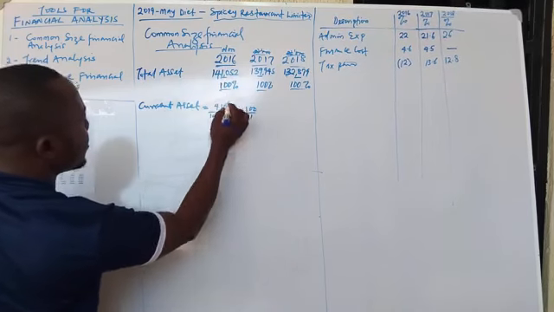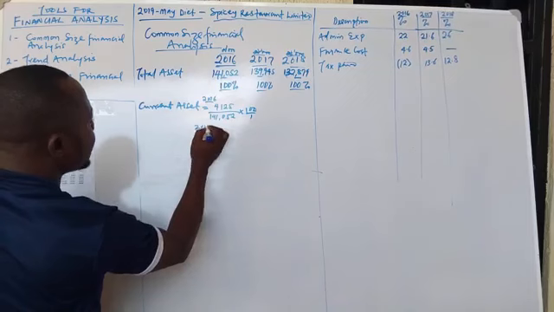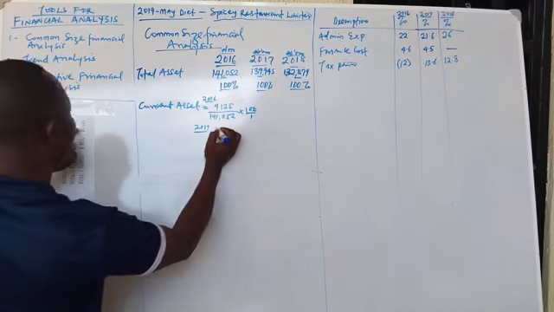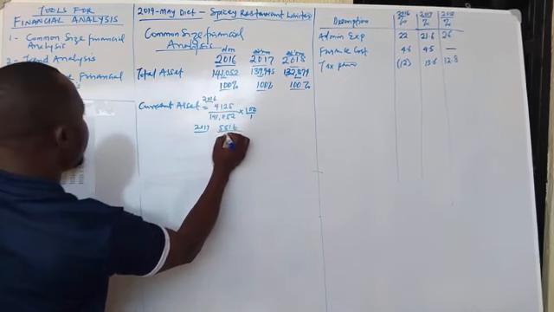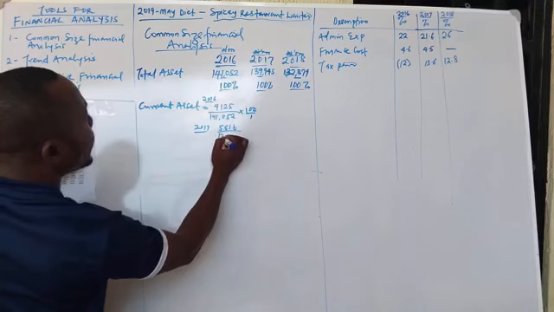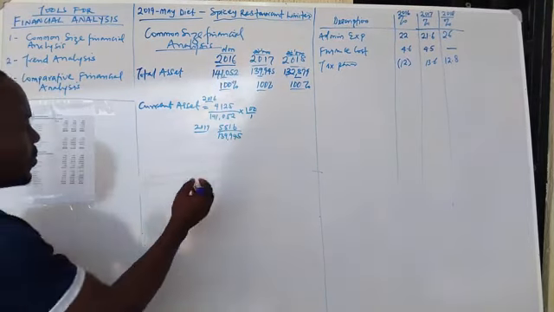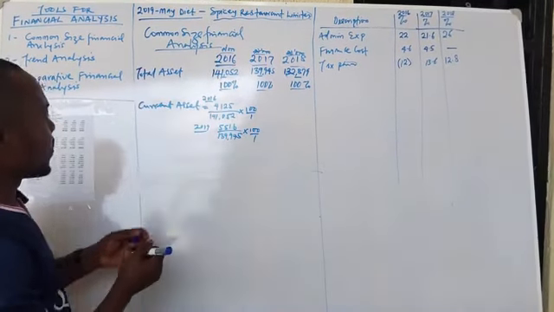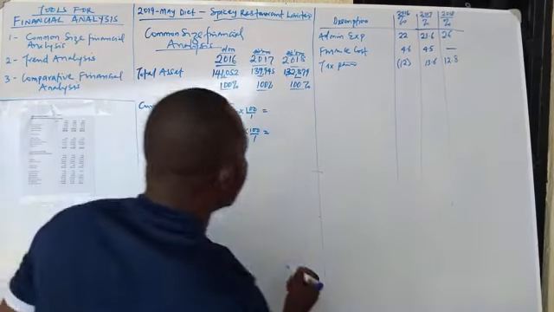This is for 2016. For 2017, we have how much? Current asset. We have 5,516 divided by the 139,945 multiplied by 100 all over 1. Okay, now what will this give you?